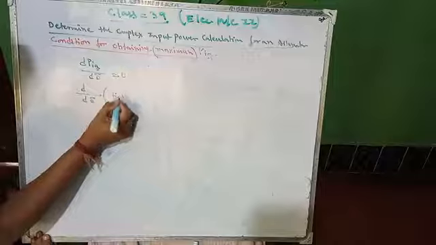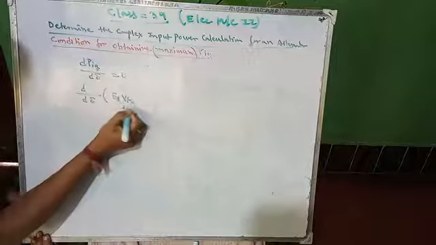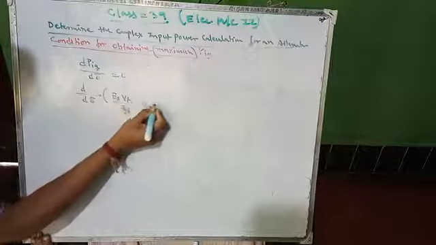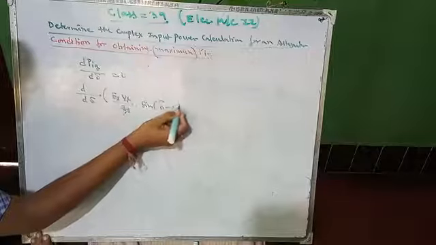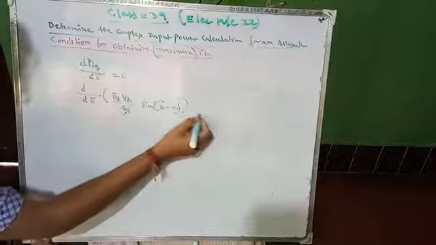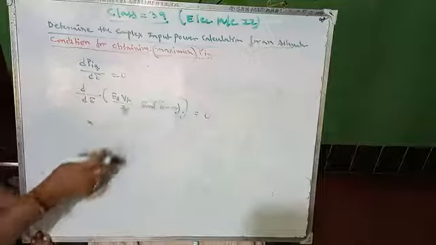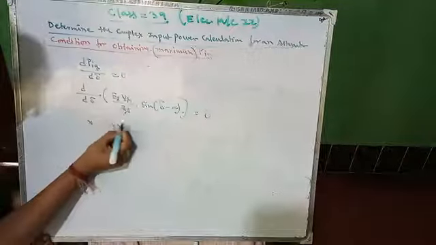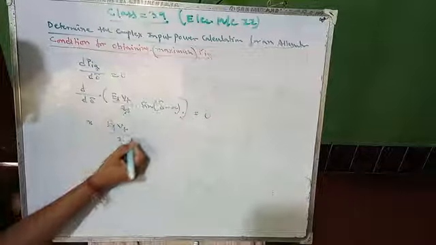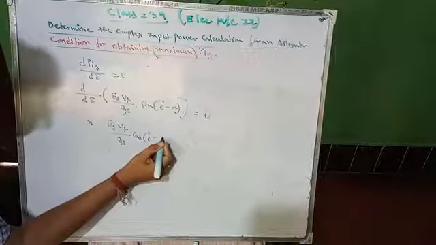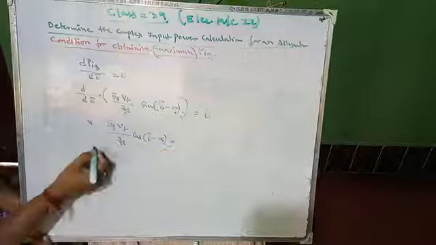It will be EF VT by ZS sine of del minus alpha, right? So now if we differentiate it by del, sine of del minus alpha becomes cos of del minus alpha. Nothing else changes. So EF VT by ZS cos of del minus alpha equals 0, right?